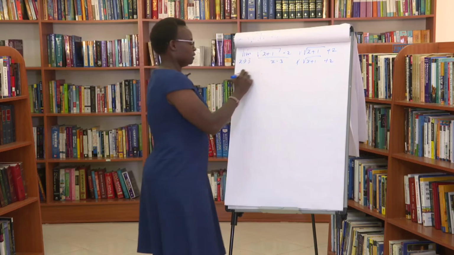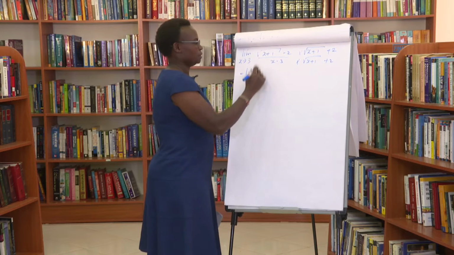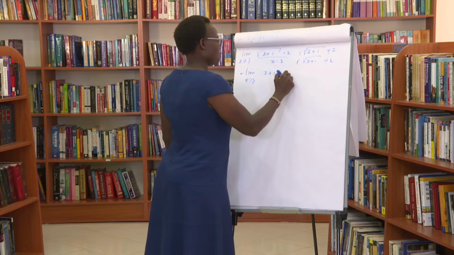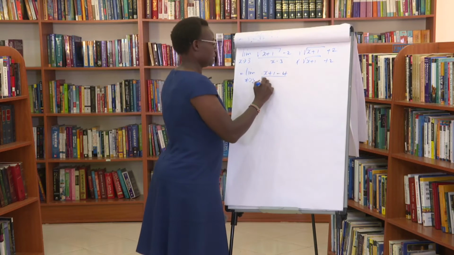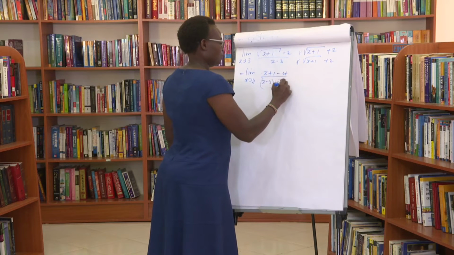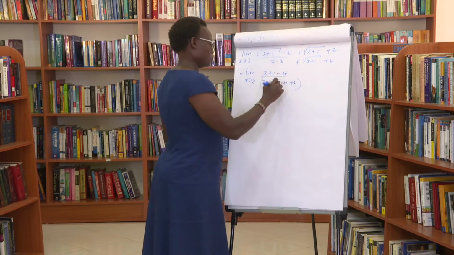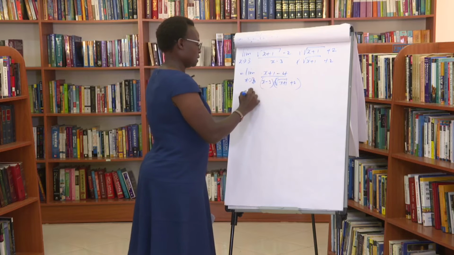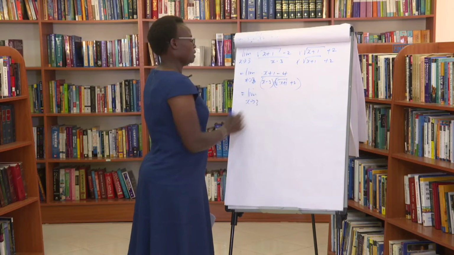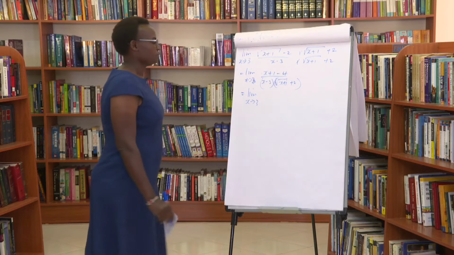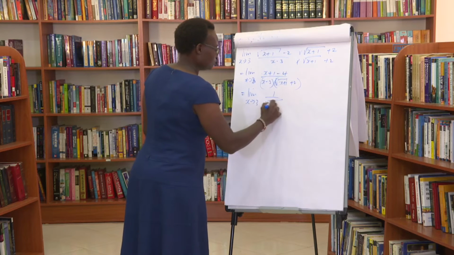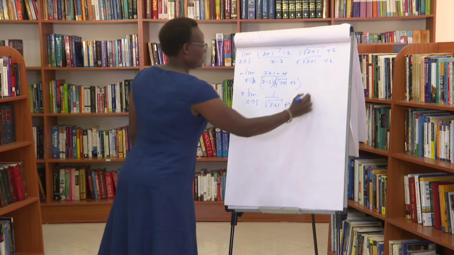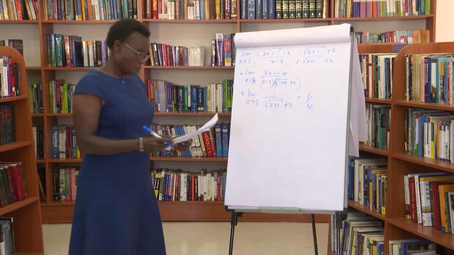So this will give us x plus 1 minus 4 over x minus 3 times root of x plus 1 plus 2. This is the limit as x tends towards 3. So x minus 3 in the numerator will cancel with what we have down there. So we'll have 1 over root of x plus 1 plus 2. So this will give us again 1 over 4.